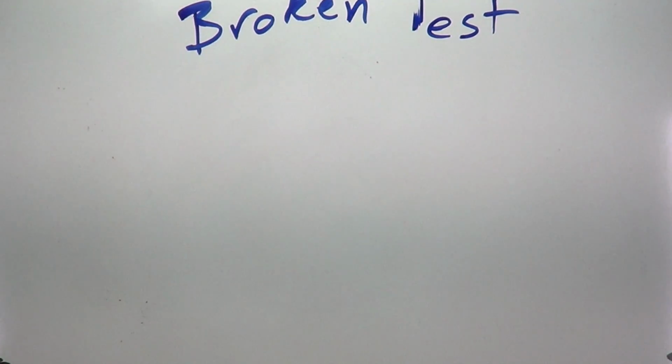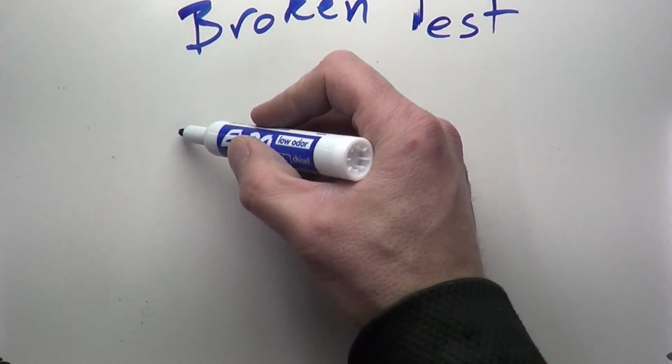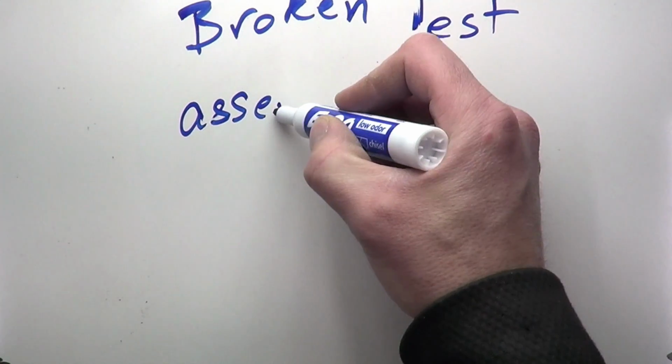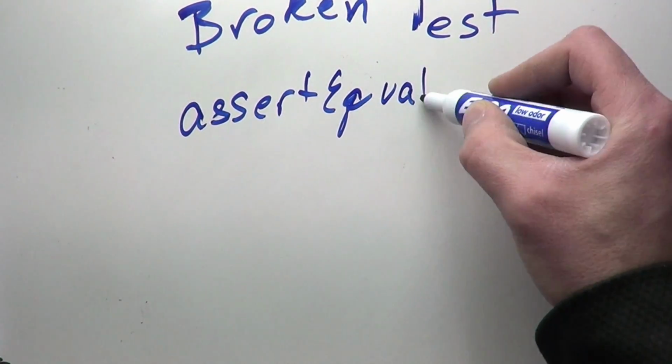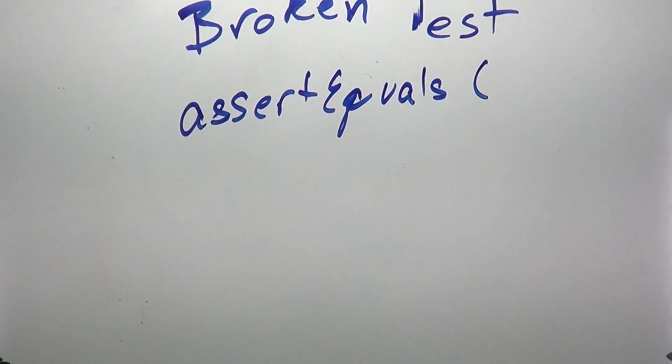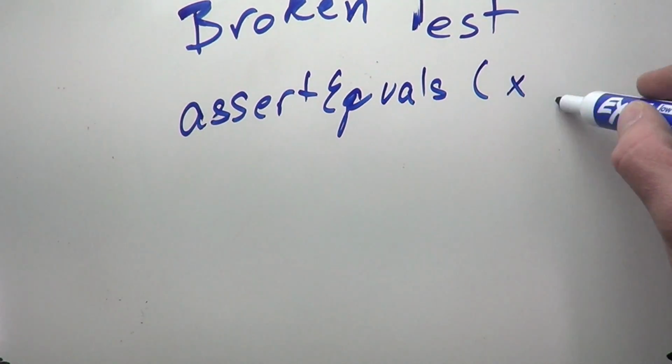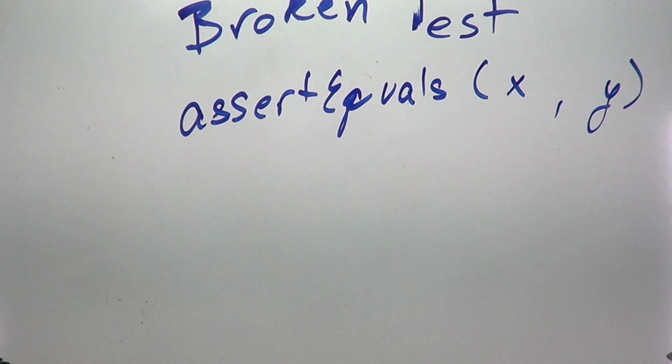This could be anything from making sure that you have your parameters correct in your asserts. We've all seen cases where something like the assert equals is called, and then you pass in one object and another object, and they're passed in the wrong order, right?